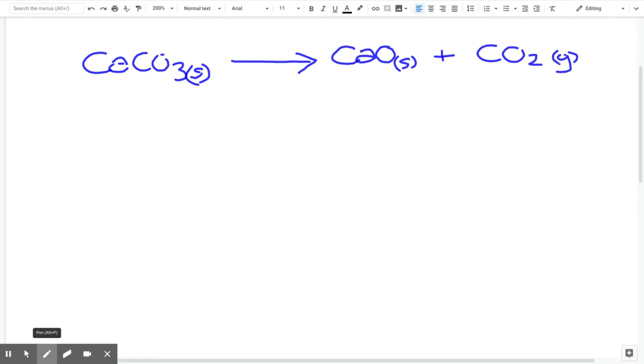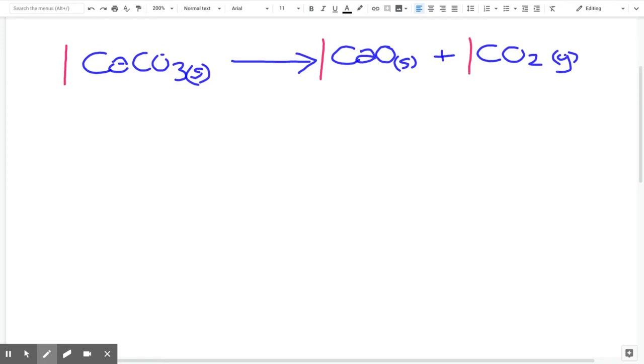It's already fully balanced. And when an equation is balanced in this way, we don't generally write the number ones, because we assume it's a number one.